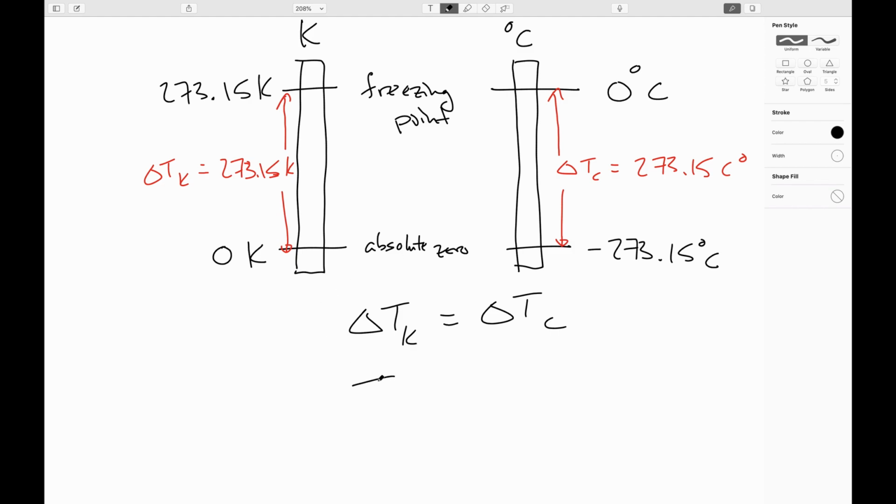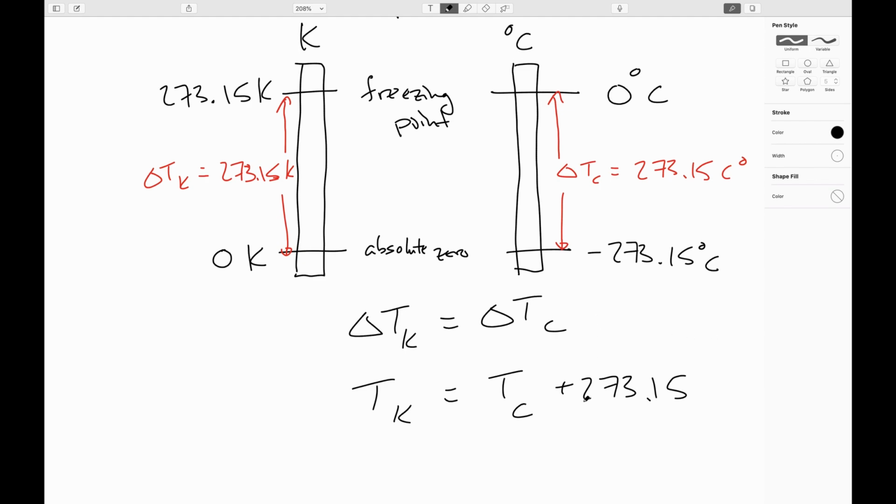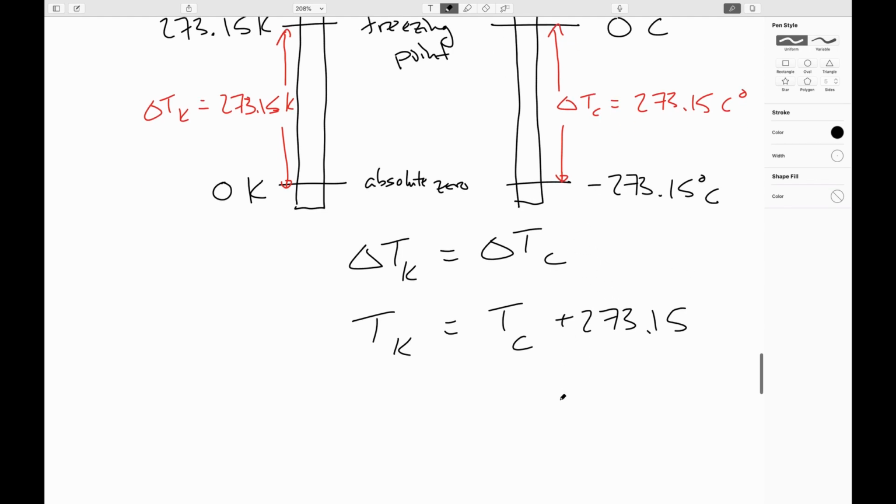Now, if it's a reading, you would take the Celsius temperature and add 273.15 to get Kelvin. And so that's degrees C to Kelvin. And again, you don't write a degree K or K degree, unfortunately, although it's useful to keep that in mind. So you'll have to pick up from context whether you're talking about degree K or K degree to figure out which of these two you want to use.